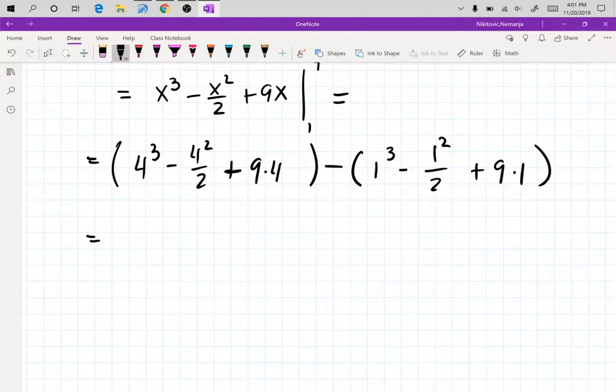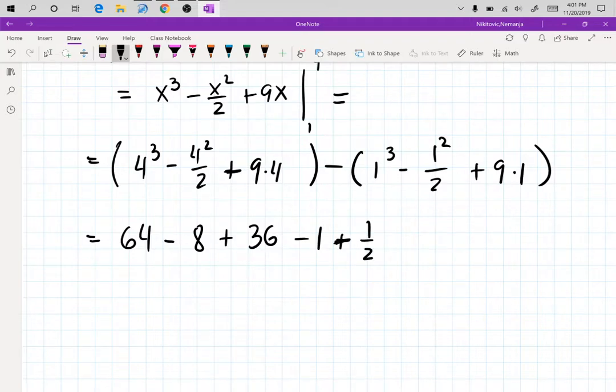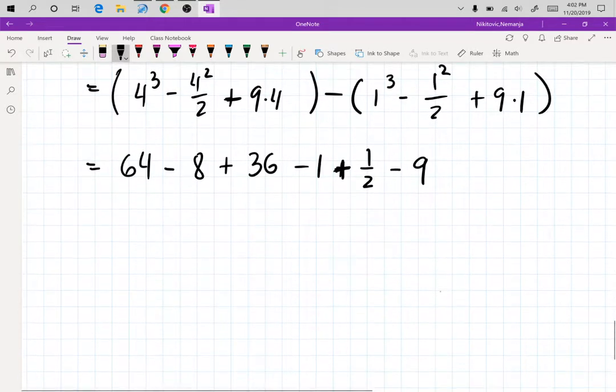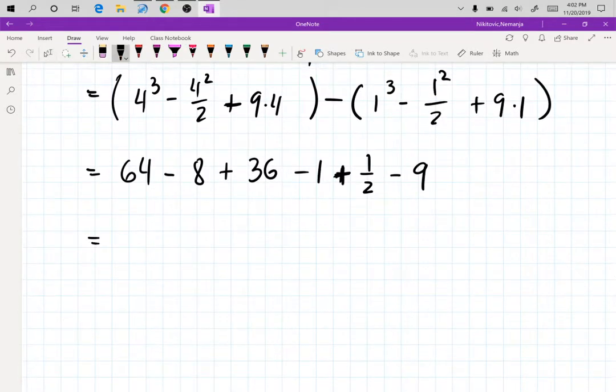So 4 cubed is 64, minus 16 divided by 2 is 8, plus 9 times 4 is 36, minus 1, plus half, and then minus 9. So 64 plus 36 is 100, minus 1 minus 18, plus 1 half.